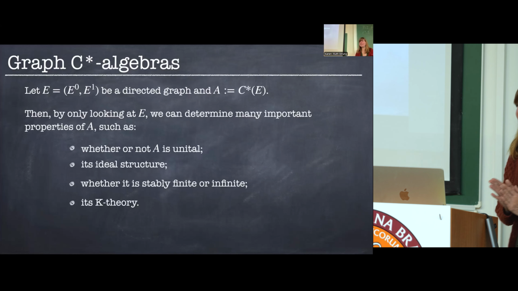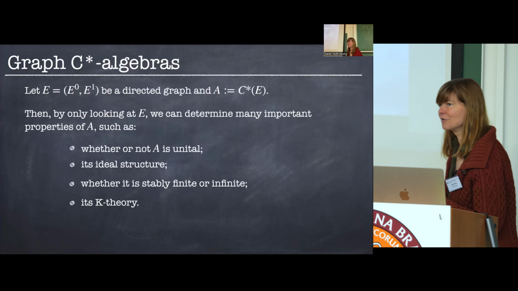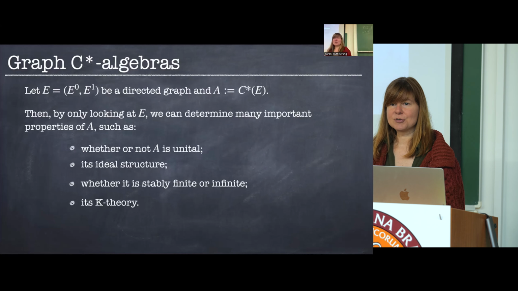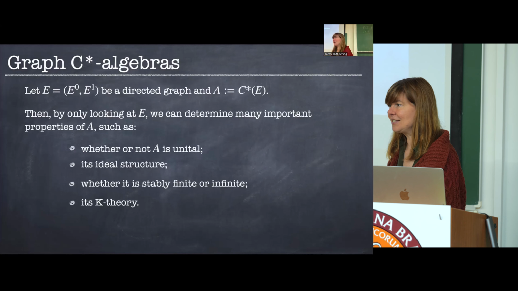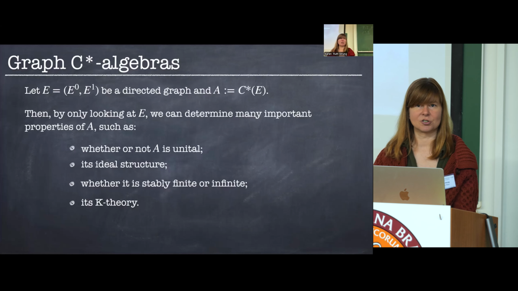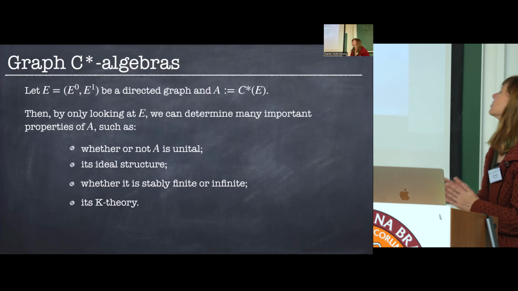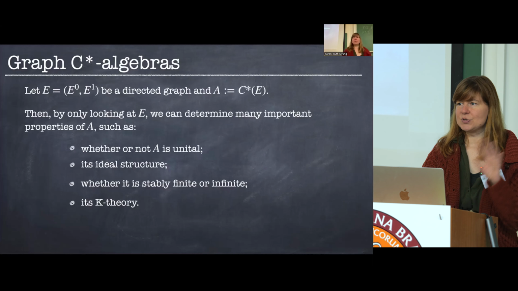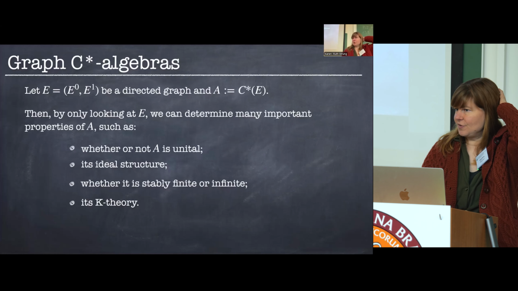And also its K-theory. So again, we like to think of C-star algebras as non-commutative topology. We import ideas from topology into the non-commutative world. C-star algebras have a notion of K-theory, which in the commutative case gives you topological K-theory. So we can now associate K-theory also to a non-commutative C-star algebra.